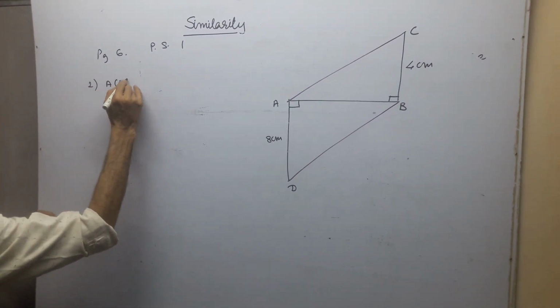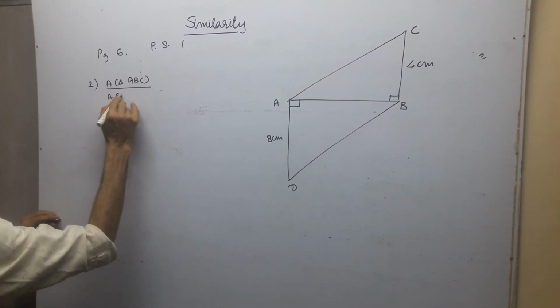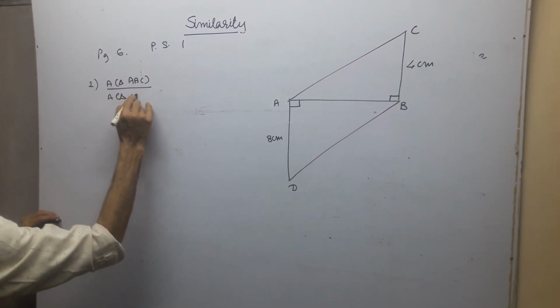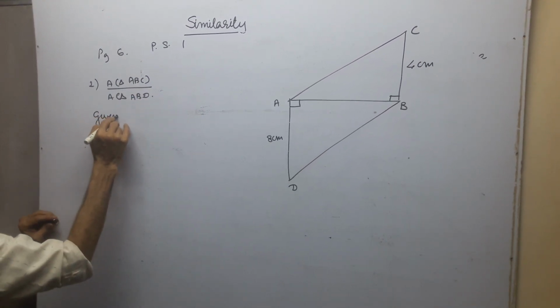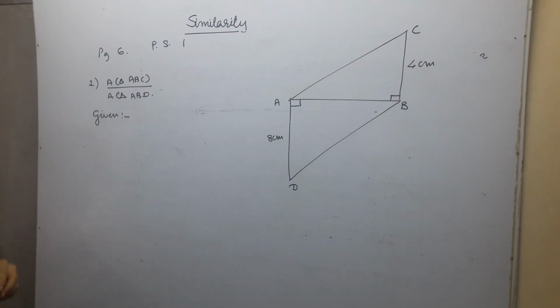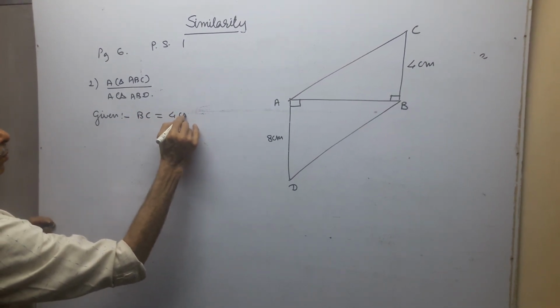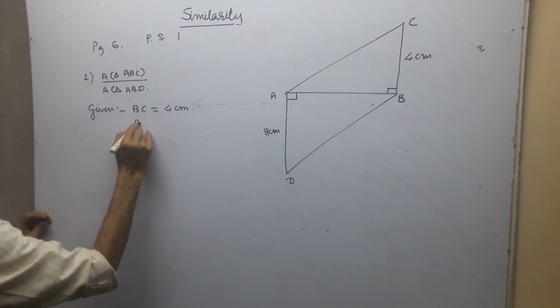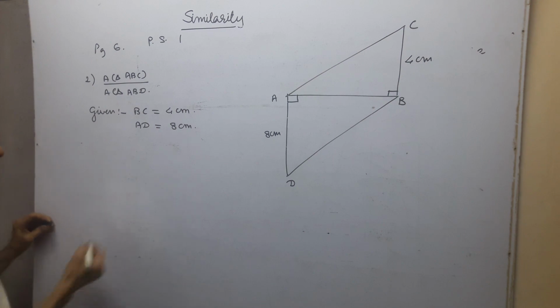Area of triangle ABC upon area of triangle ABD. Given BC is 4 centimeter and AD is 8 centimeter.